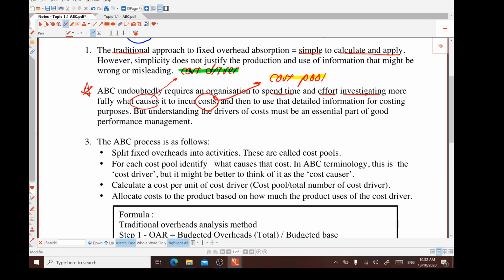Because the use of ABC only changes the way of allocating the overhead cost to different types of product. But the total overhead cost still remains the same as compared to the traditional method. All right, so that's a very important point, as you can see.